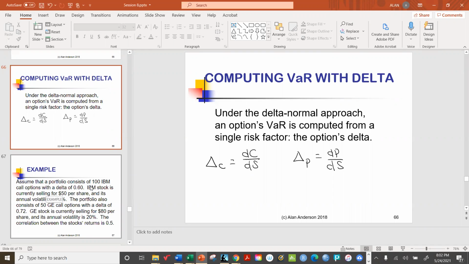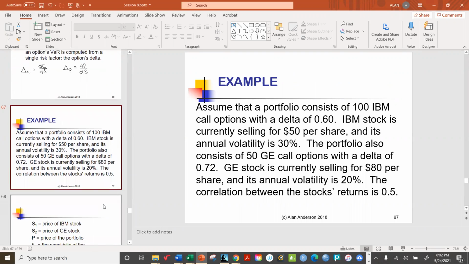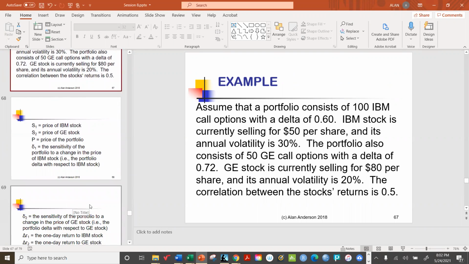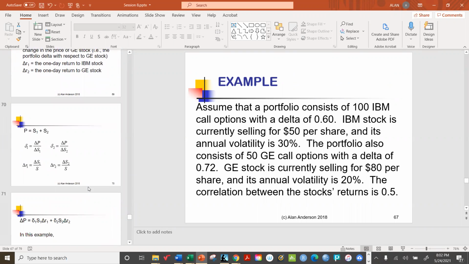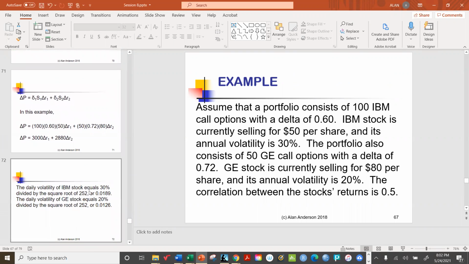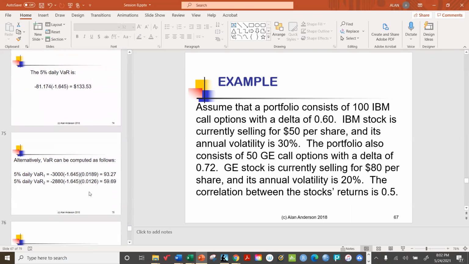Now you might think, well, how's that possible? Well, it is very possible. Let's see, what do we have here? We've got 100 IBM calls with a delta of 0.6. This IBM stock is selling for $50 a share.